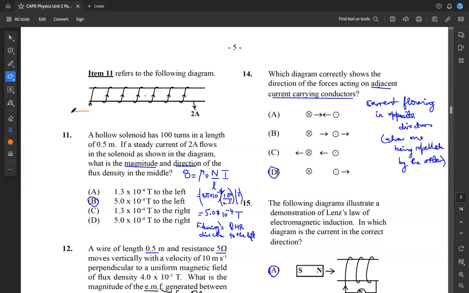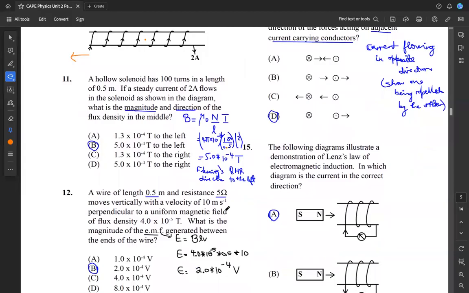So it will be going left. When we put this magnitude together with the fact that it's going to the left, we come out with B as our answer. That's how we get B. We have to use our Fleming's left-hand rule in this case to figure out the direction in which the flux density will be felt.